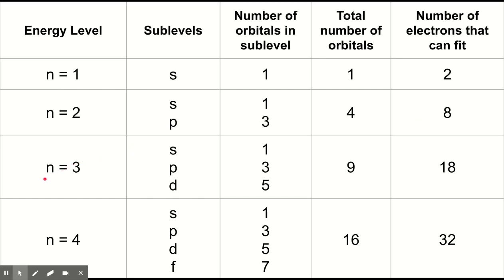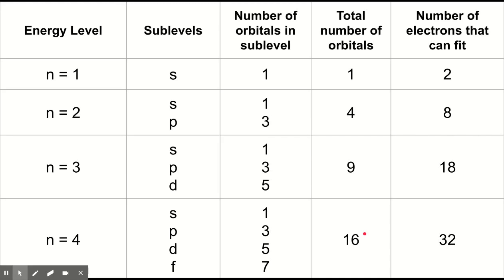The third energy level contains the sublevels S, P, and D, which contain 1, 3, and 5 orbitals respectively, for a sum total of 9 orbitals. So the maximum number of electrons that can be held in the third energy level is 18.